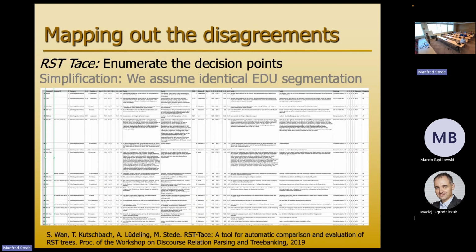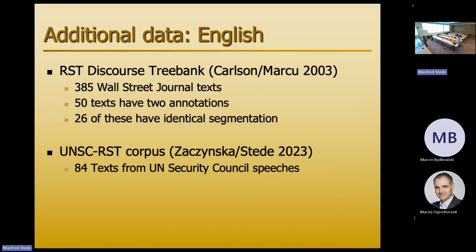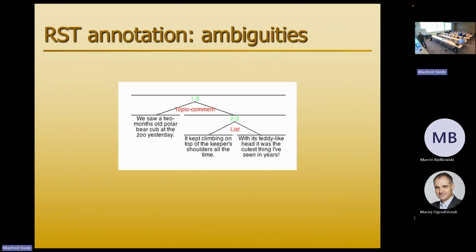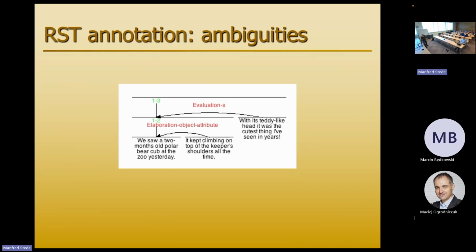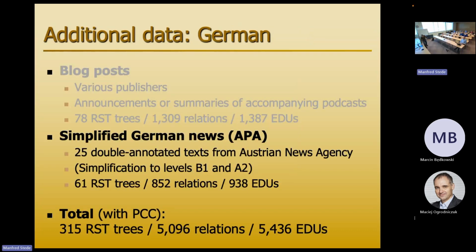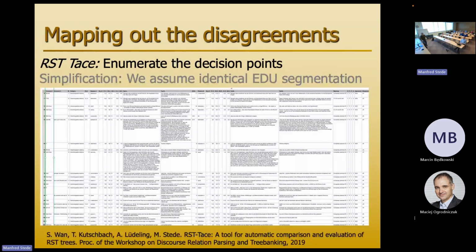Okay, first we want to know where the disagreements are. Looking at these trees, here it's relatively easy, but for a complete text, looking at a tree is not very helpful. So what comes to the rescue is the tool eRST Taste that yet another PhD student built in 2019, which just gives you a list of all the choice points that annotators had and all the attributes of those choice points.